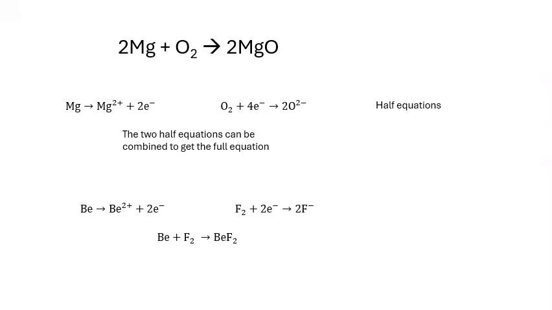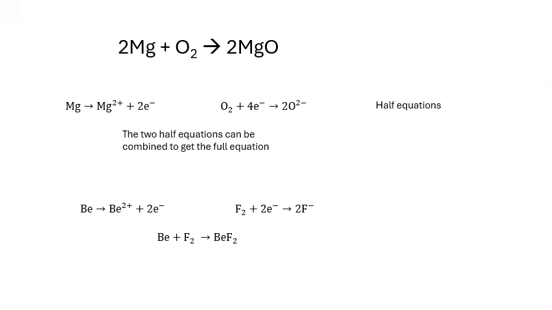Let's look at this equation again. So magnesium and oxygen, magnesium oxide. What you need to be able to do is write what we call half equations. The half equation shows what's happening to the magnesium and what's happening to the oxygen. So Mg goes to Mg2+ plus 2 electrons. That's what's happening to the magnesium in terms of electrons.